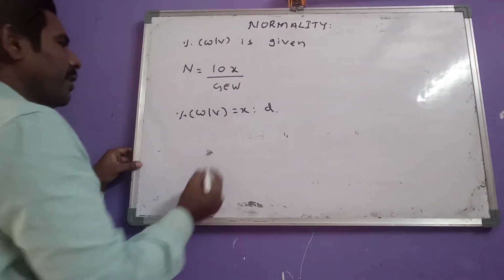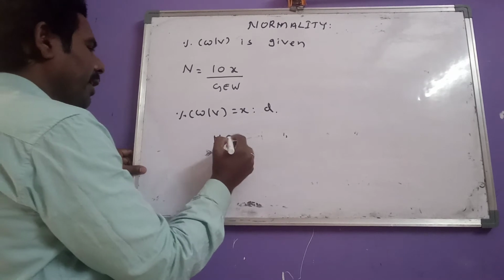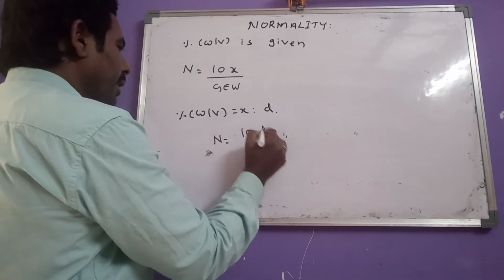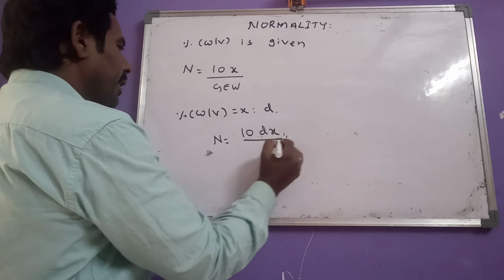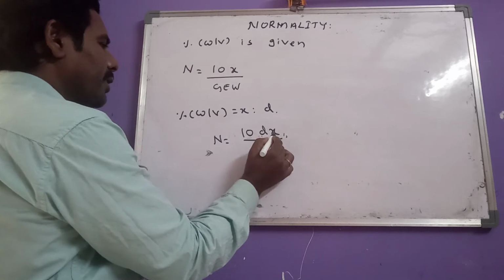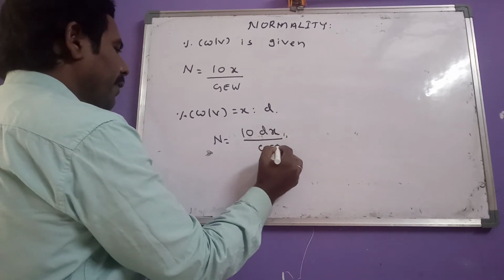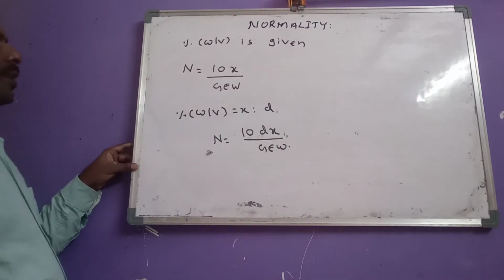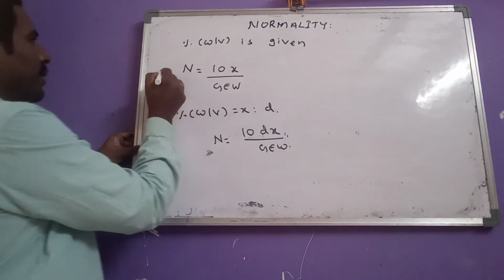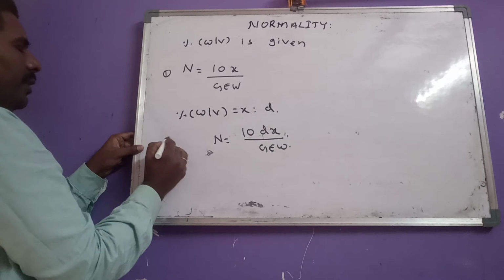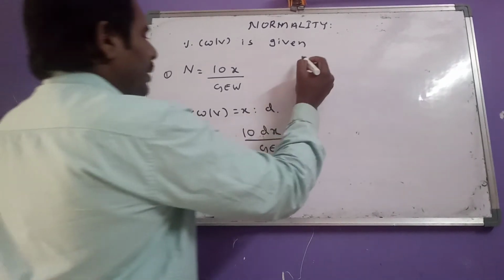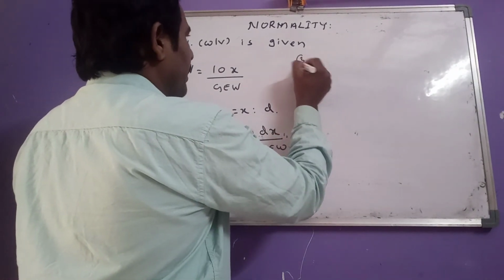Then normality equals 10 into D into that percentage by gram equivalent weight. This is the first formula, this is the second formula. Now come to the third one.